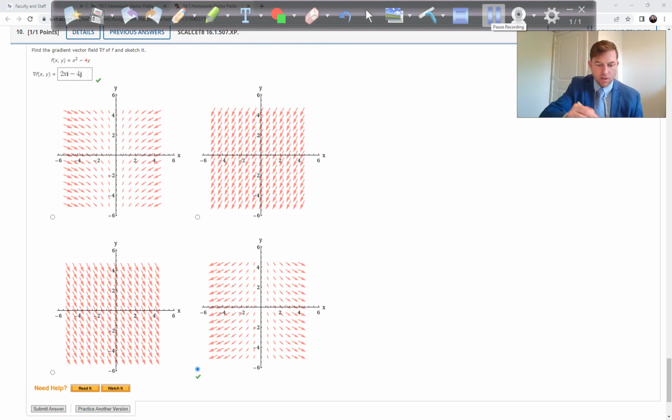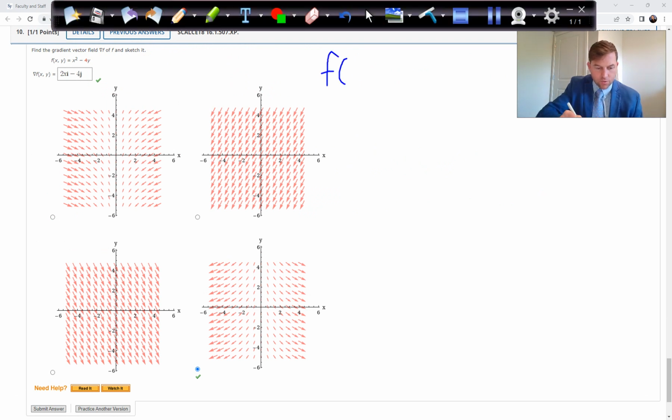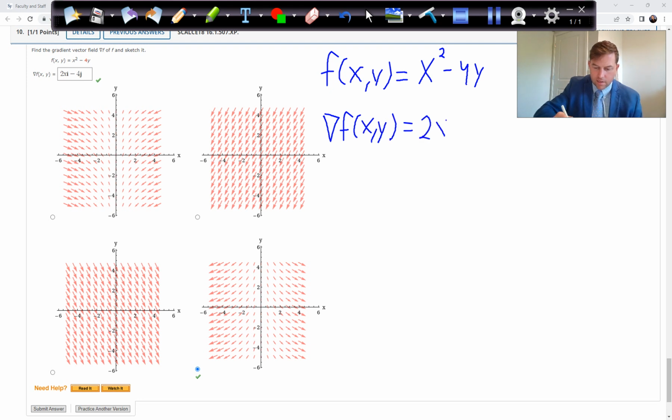Last problem in this section, they want us to find the gradient vector field of a vector field that they gave us. So the vector field, which we're not going to plot, is f(x, y) equals x squared minus 4y. The gradient vector field, pretty easy. It's going to be 2x in front of the i term, and it's going to be minus 4 in front of the j term.